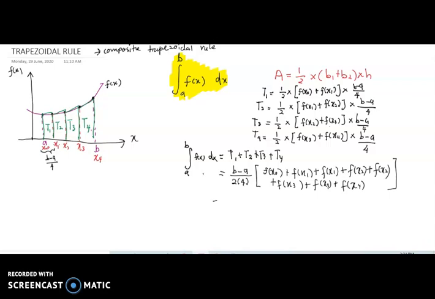And then I can simplify further by adding the like terms: f of x0 plus f of x1 plus f of x1, so 2 f of x1, plus 2 f of x2 plus 2 f of x3 plus f of x4.